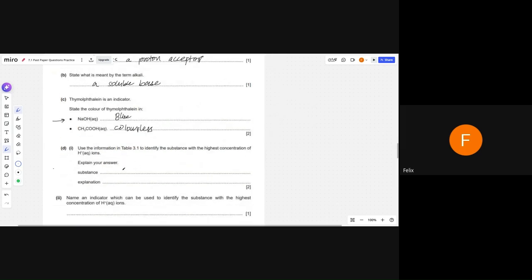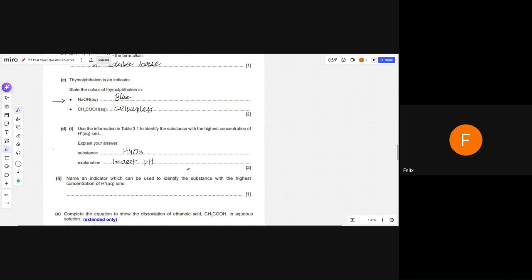So the substance is HNO3, and the reason is because it has the lowest pH. Lowest pH, remember that. Now name an indicator which can be used to identify the substance with the highest concentration of hydrogen aqueous ions.